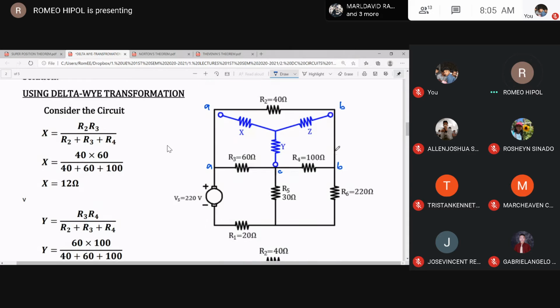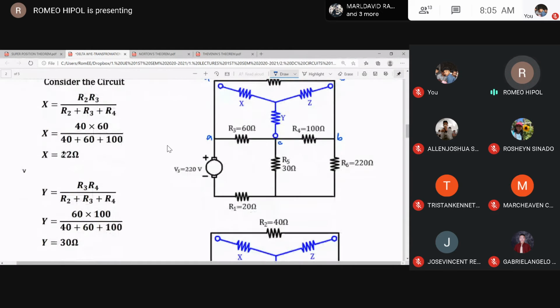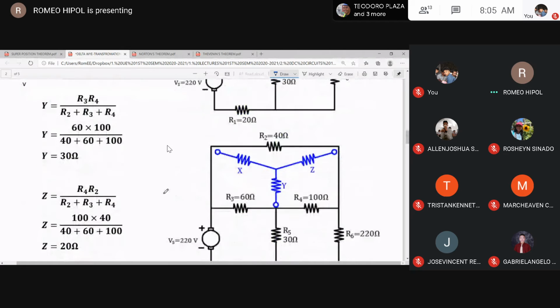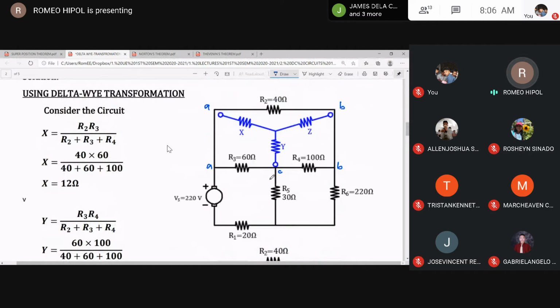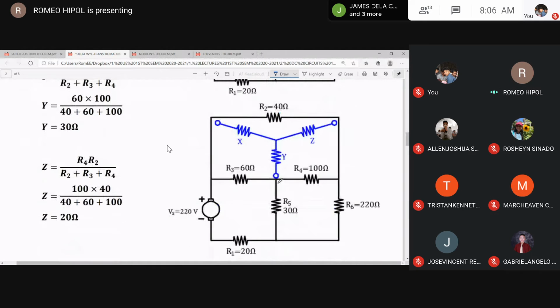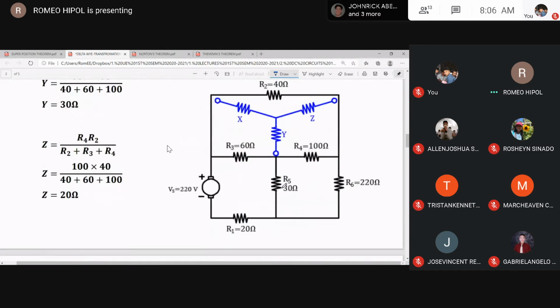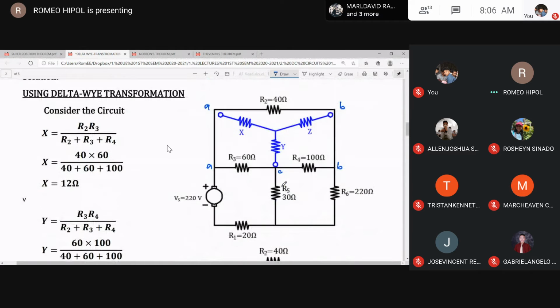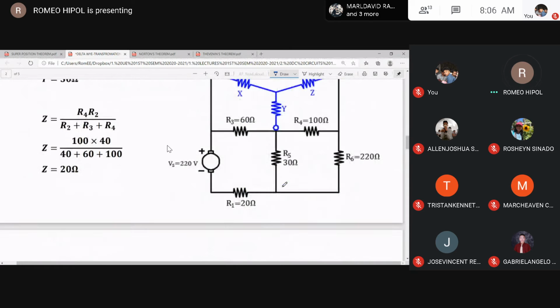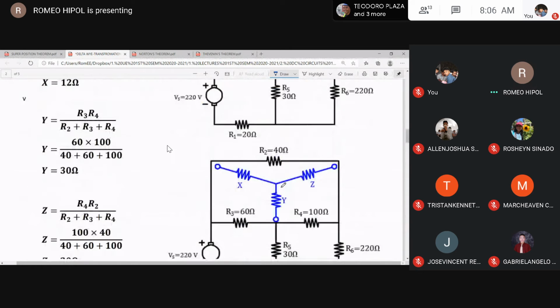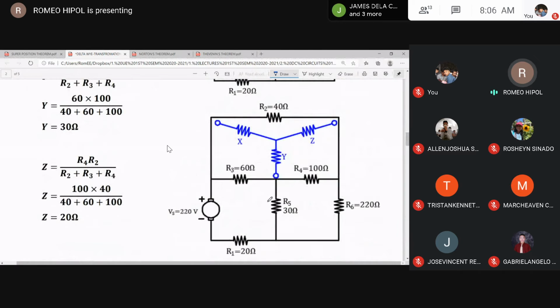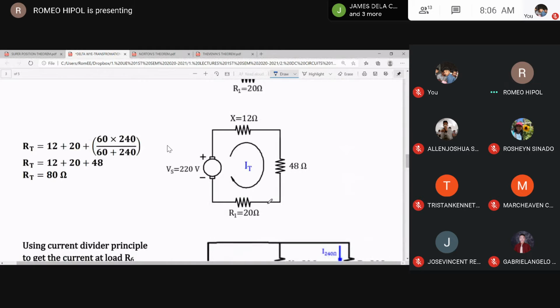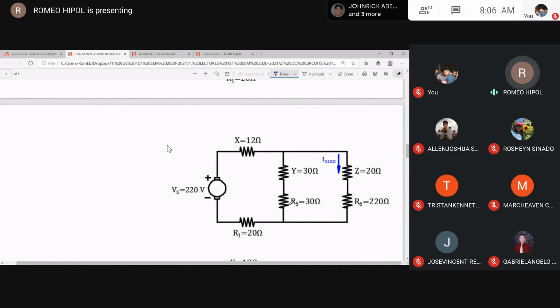Okay, once na i-convert natin yung equivalent resistances from delta to Y, so we are going to substitute the following values to the simplified circuit. Ito na yung ating magiging new circuit diagram.